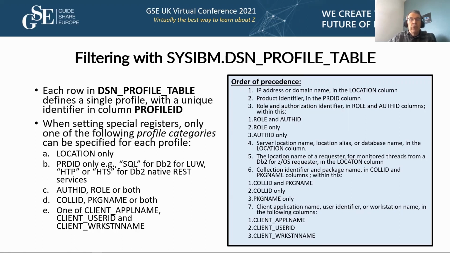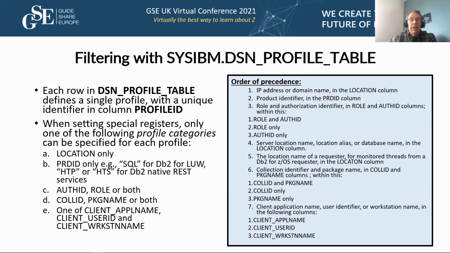So for example, you can see at the very top, if there's an IP address or domain name in the location column, if you've got two filtering profiles that the application could match on, that takes precedence. So that rules. But then you've got some other options below that, such as product identifier, role, and auth ID, for example.